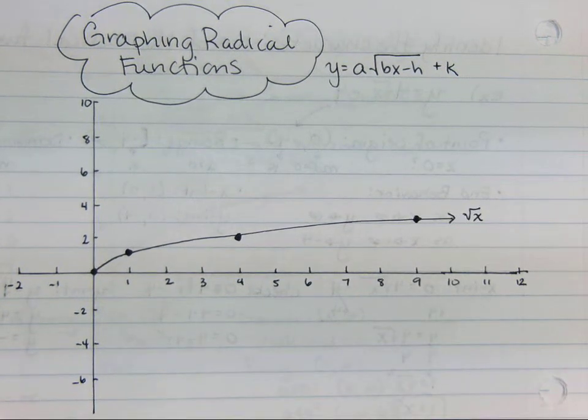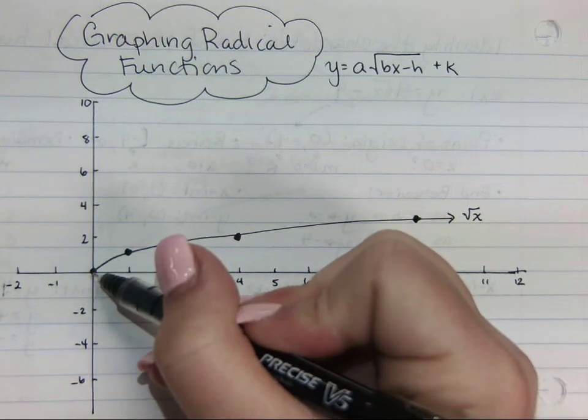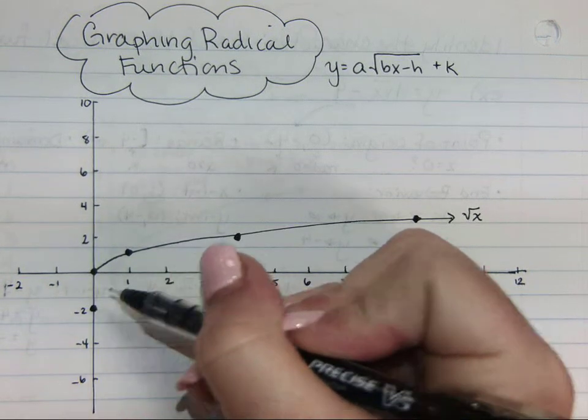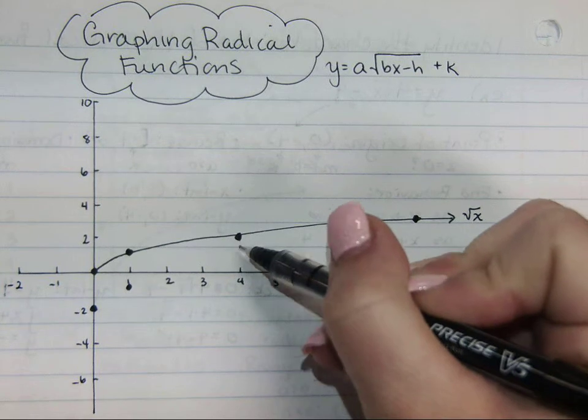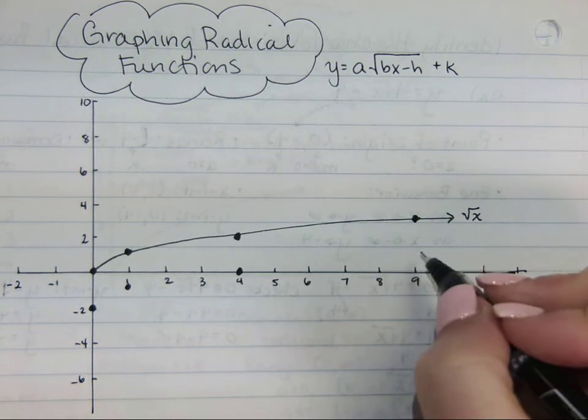Now we can do a few different things in terms of shifting those around. So if I want to just shift down all of these points, say by 2, I'm going to take this first coordinate and go down 2. I'm going to take all of these points and shift them down by 2.